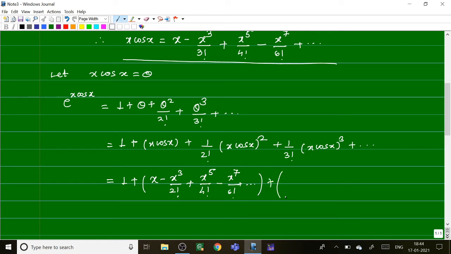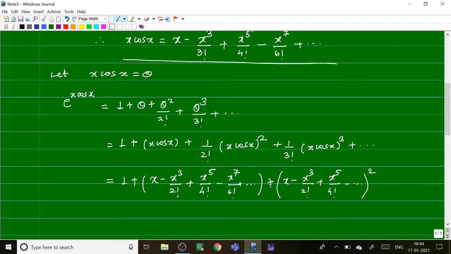Plus now the square of this term: x minus x cube by 2 factorial plus x to the 5 by 4 factorial minus and so on.